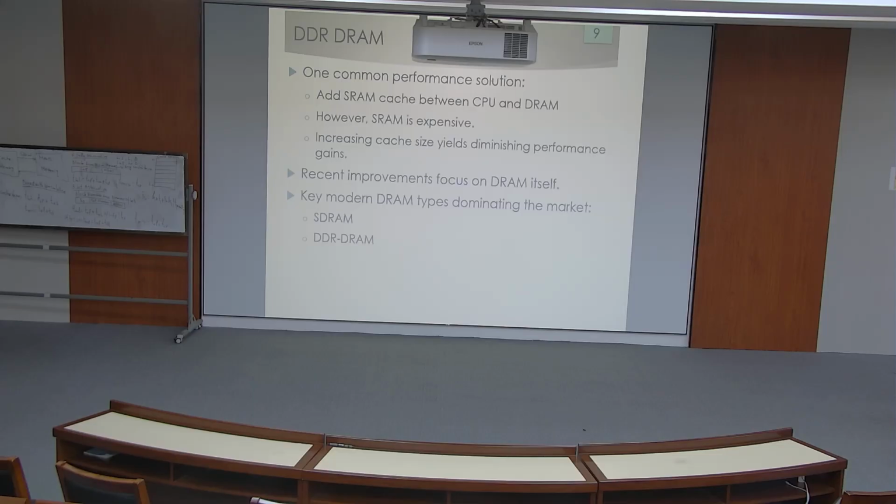We thought about having different solutions. One, adding a static RAM cache between the central processing unit and the main memory. But this is not the right solution for this problem because of the price of the static RAM. And we talked about increasing the cache size. The cache size is fine, but it may have a negative impact on the overall computer system.